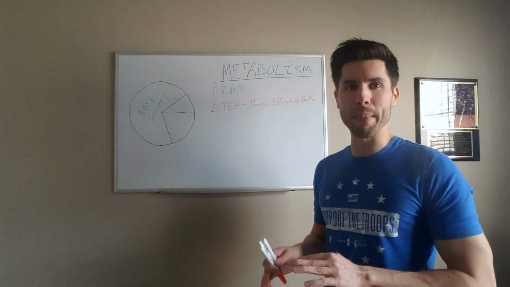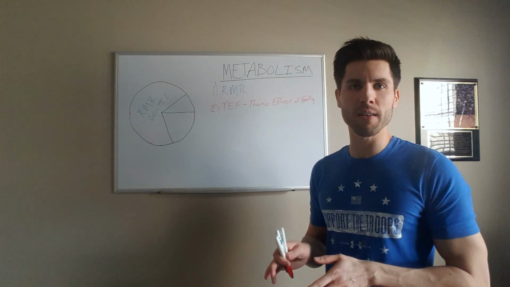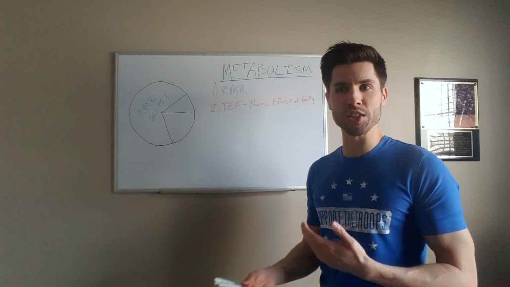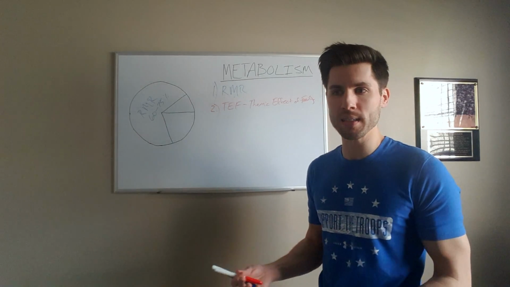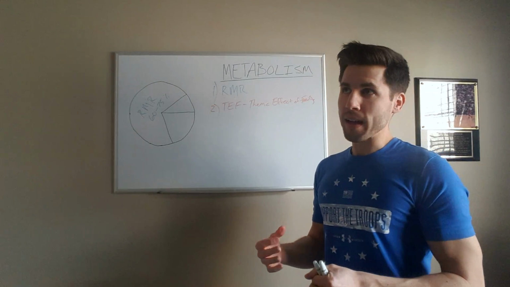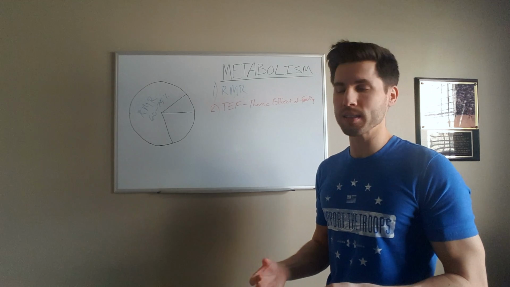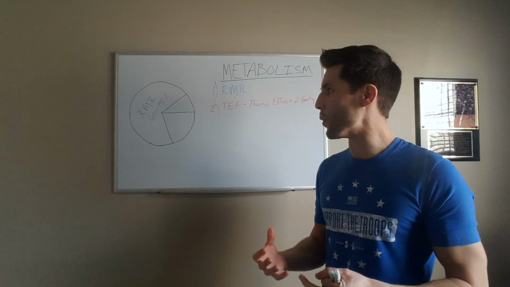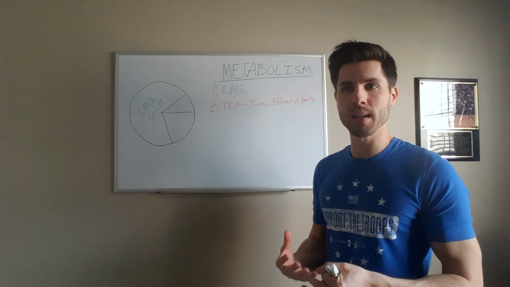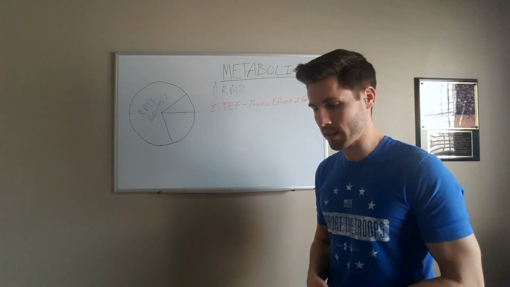For protein, about 20 to 30% of those calories are going to be burned by your energy in just the digestion and absorption process. So you consume 100, but really, after the assimilation process, your body only receives 70 to 80 of those calories.